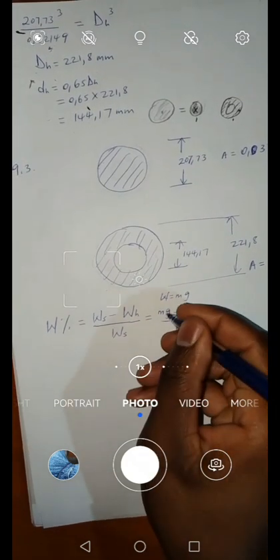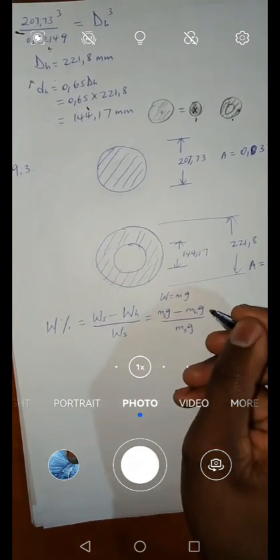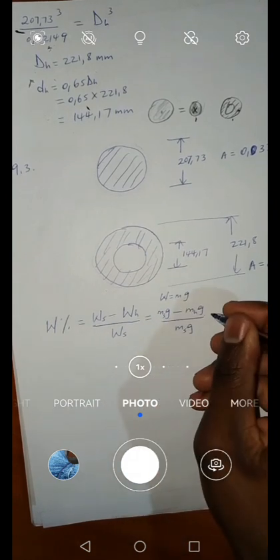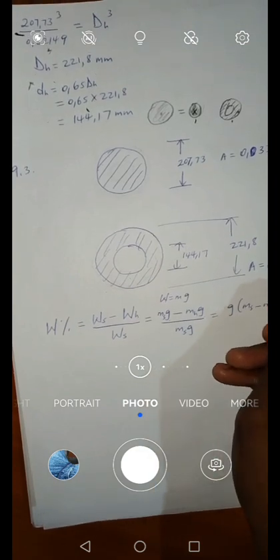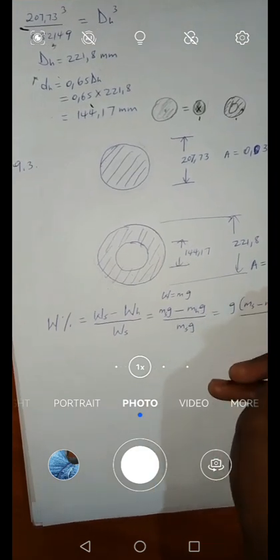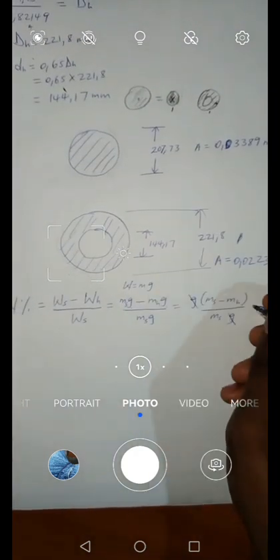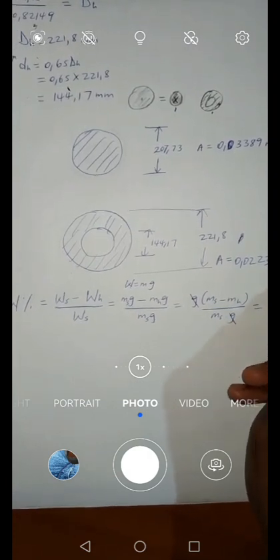This is the mass of the solid shaft, hollow shaft, solid shaft. So we take out g as the common factor. We will have g times ms minus mh over ms g. Mathematically, this divides this, and you remain with ms minus mh over ms.